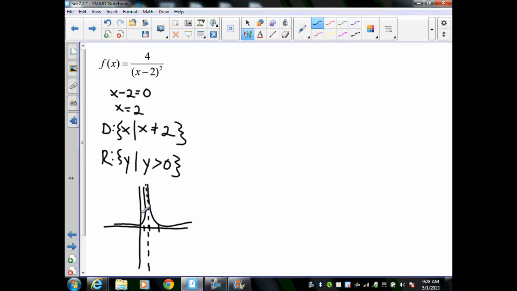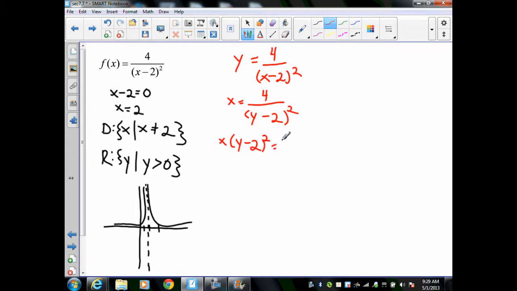Now what I need to do is to find the inverse. f of x is going to be y, and that's going to be 4 over x minus 2 squared. Switch my x and y's. That's going to be x equals 4 over y minus 2 squared. Multiply both sides by y minus 2 squared gives me x times y minus 2 squared equals 4.